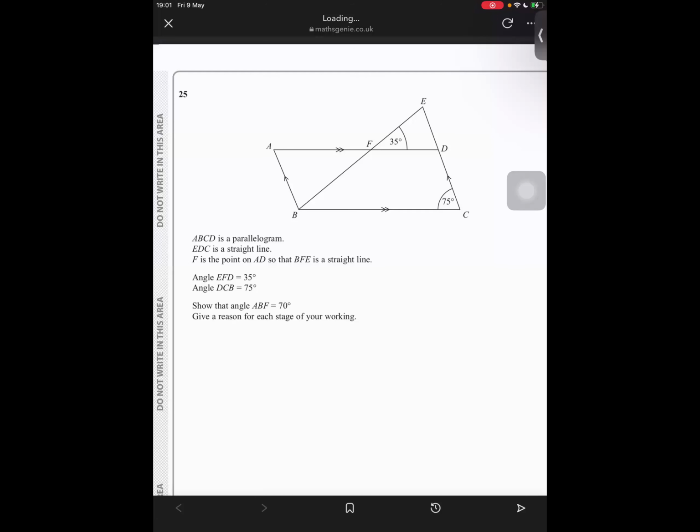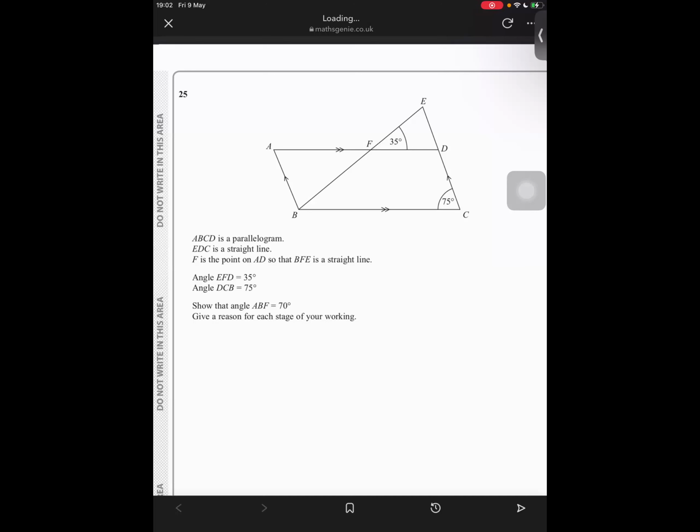This is a classical example of vertically opposite angles being equal. So the second stage of your working, you are about to conclude that angle AFB is 35. Reason: vertically opposite angles are equal.